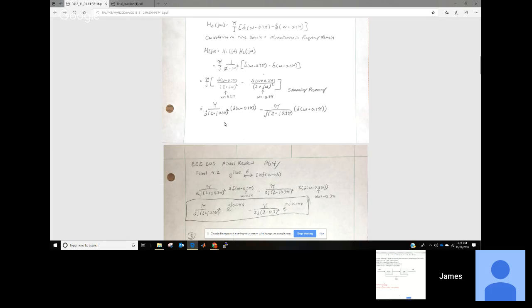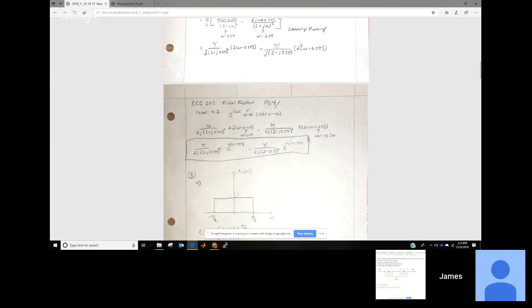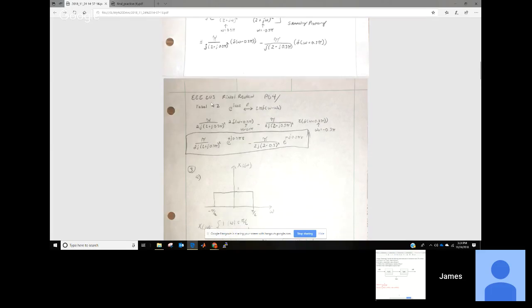And then they become our coefficients, and the only thing we have dependent on omega is their impulse functions. So taking the inverse Fourier transform of those, for C, your answer should probably be this. That's the most simplified version. That way, you'll get the most credit.